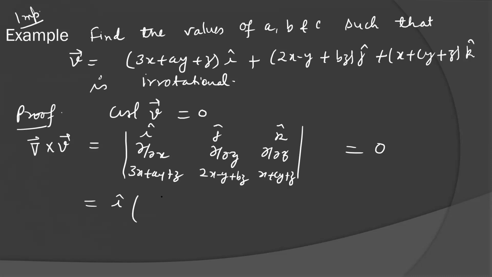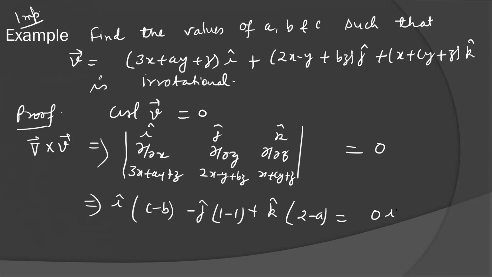And if you calculate it, I will give you c minus b, minus j will give you 1 minus 1, plus k will give you 2 minus a, equal to 0 can be written as 0 vector, 0i plus 0j plus 0k.